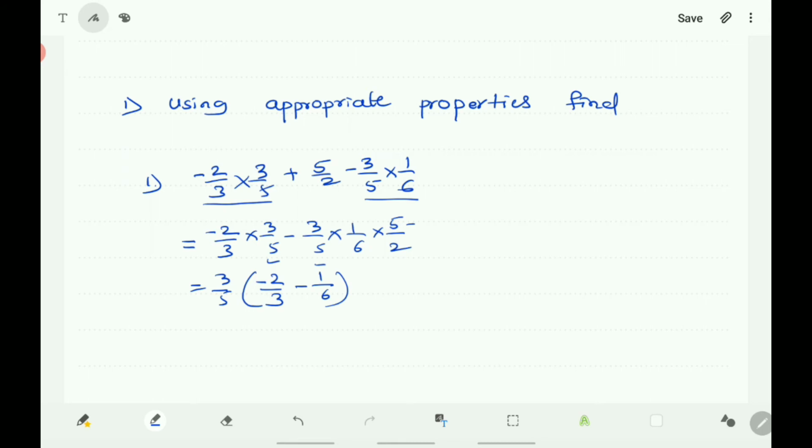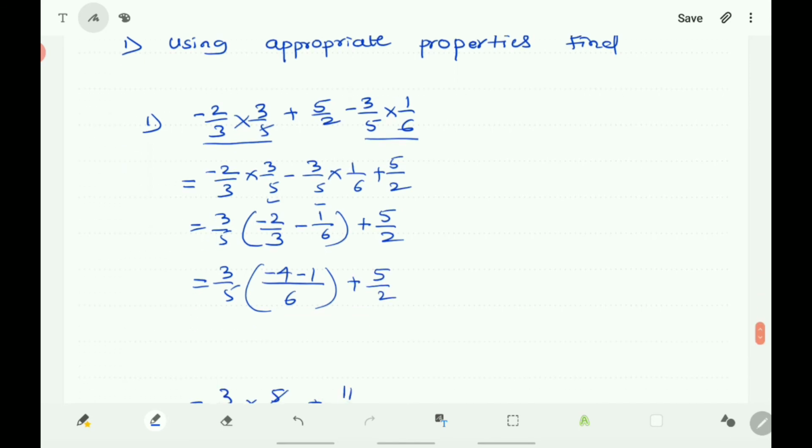And it is plus 5 by 2. Then it is 3 by 5, and the LCM of 3 and 6 is 6. You know that 3 2s are 6, minus 2 2s are minus 4, minus 6 1s are 6, 1 1s are 1, plus 5 by 2.